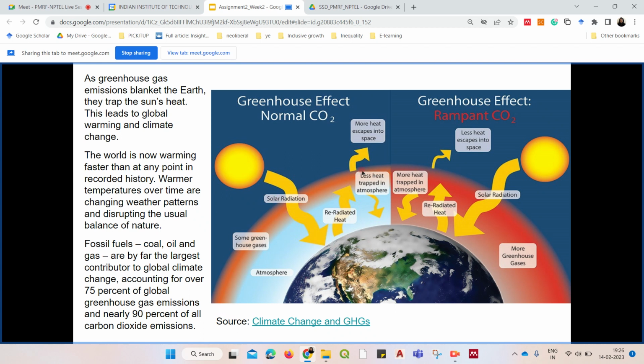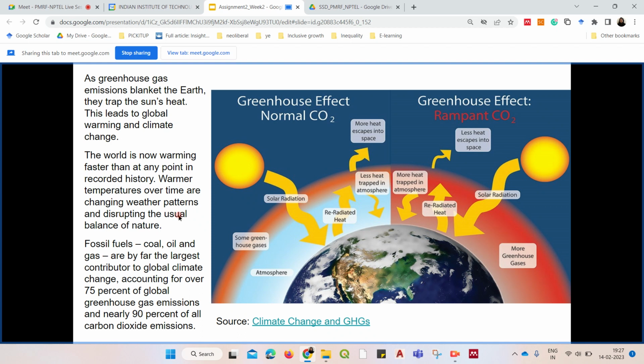And the presence of CO2 and some amount of greenhouse gas in our environment is essential also, because to keep the earth warm at night, when the solar radiation is not hitting the earth, it is essential to keep the earth's temperature warm enough for life to be sustained on earth.